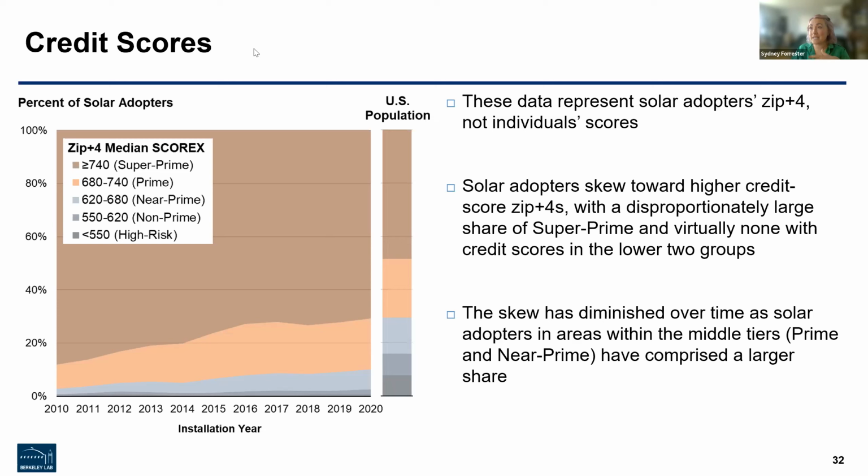And what we see here is that solar adopters skew towards these tight clusters with a disproportionately larger share with higher credit scores and less so with lower. Sorry, I'm not sure if you can hear the siren, I apologize. And so that takes us to the conclusions.